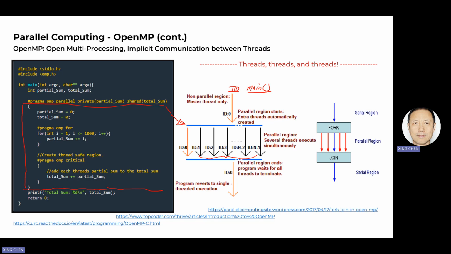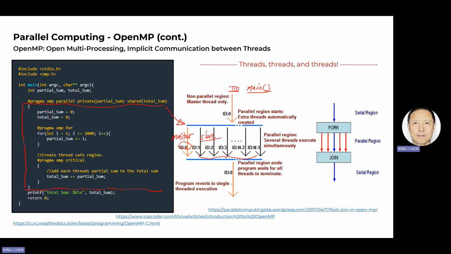So you still have this thread 0. Usually this thread is called master, and all the other threads are called slaves. The slave threads are going to be created by the operating system for you.